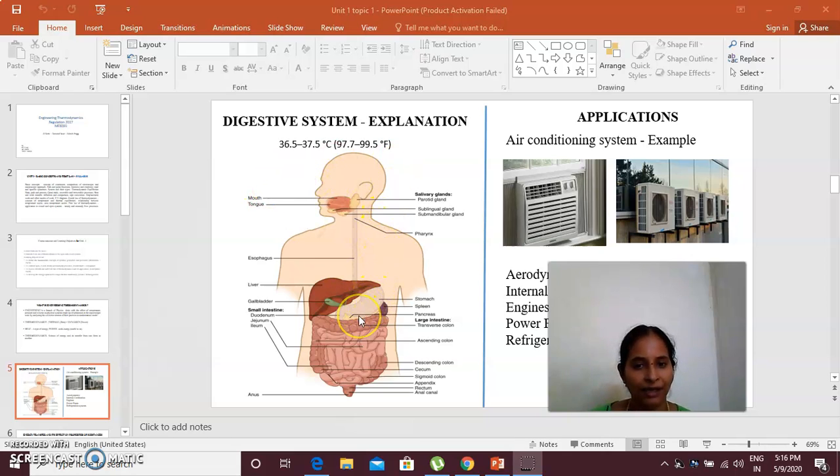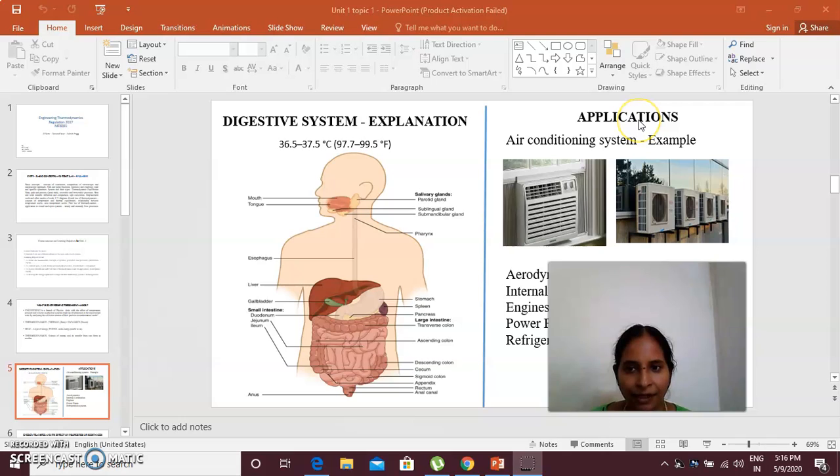How we keep ourselves within this range, how we maintain this heat transfer, everything is the same as what we are going to study. This explanation shows the conversion of energies from one form to another. If you don't take food, you cannot work. So food energy is converted to work energy.